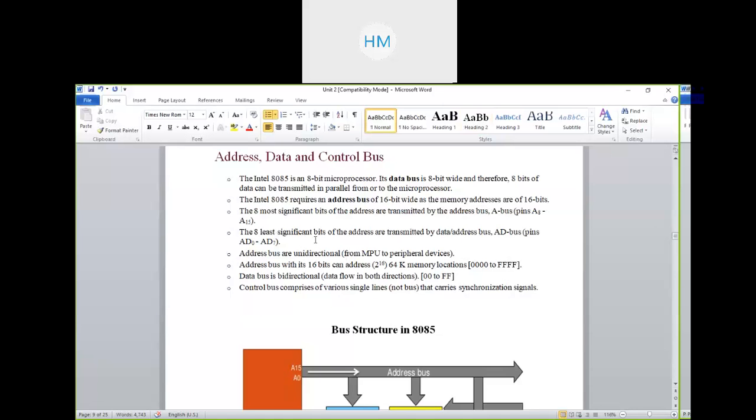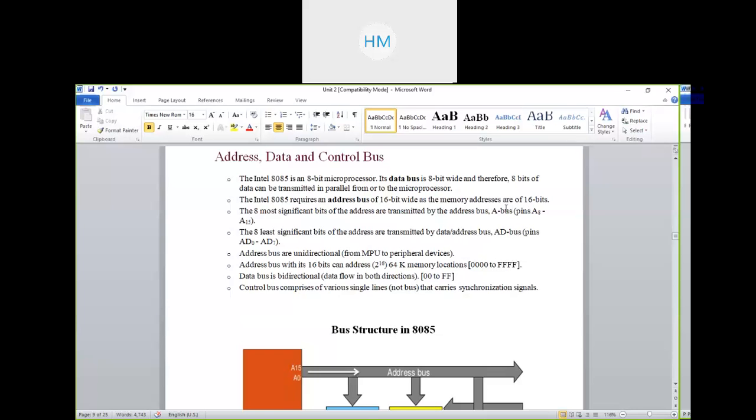The 8 least significant bits of the address are transmitted by the multiplexed address-data bus. The 8 most significant bits are fixed; they are transmitted on lines A8 to A15. But the least significant bits are multiplexed, transmitted along with the data bus. So it is known as the AD bus, address data bus. It is a combined bus.